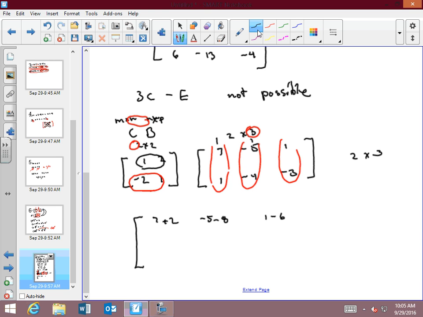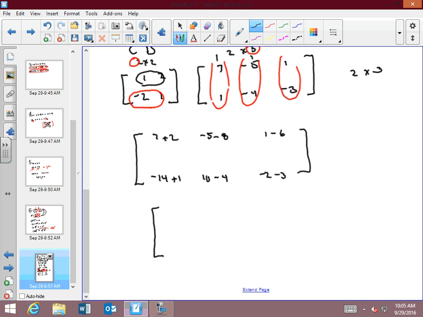So then it's minus 14 plus 1, and it's plus 10 minus 4, and then it's minus 2 minus 3.